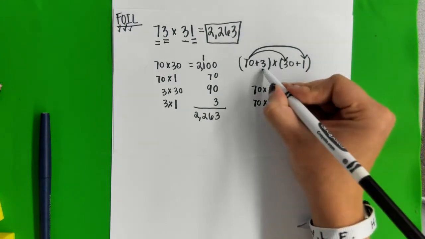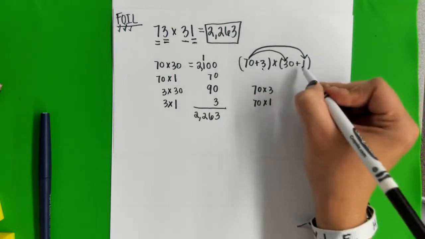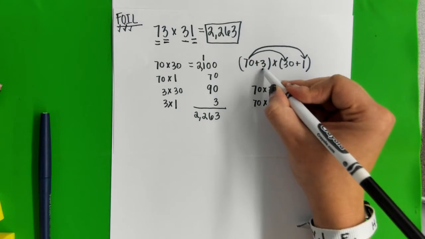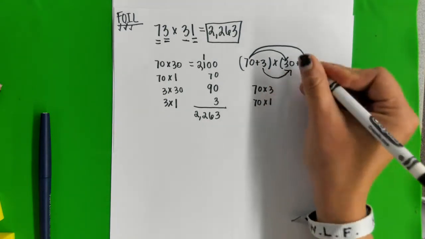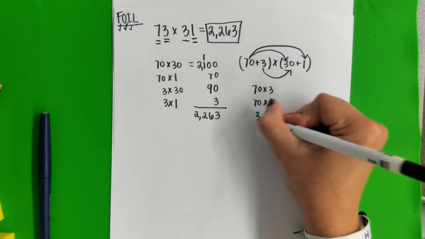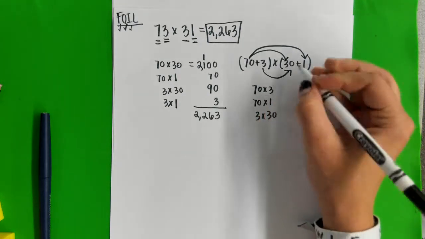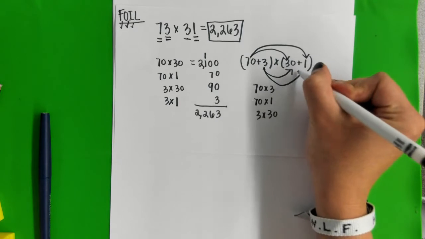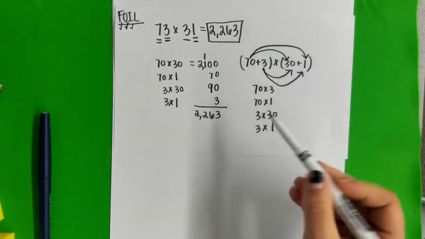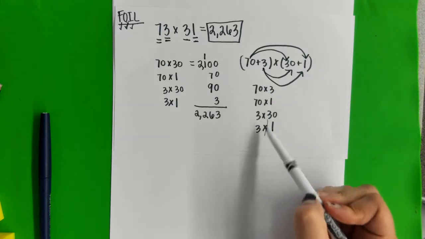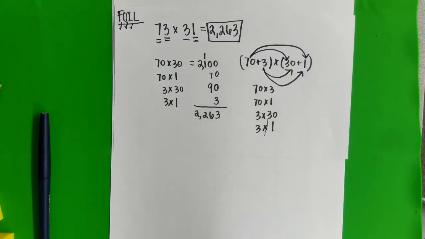Then I have to come down here and I have to multiply my 3 by every number in my parentheses over here. So I have 3 times 30 and 3 times 1. And if you notice, these all match up with these, so we're going to get the same answer.